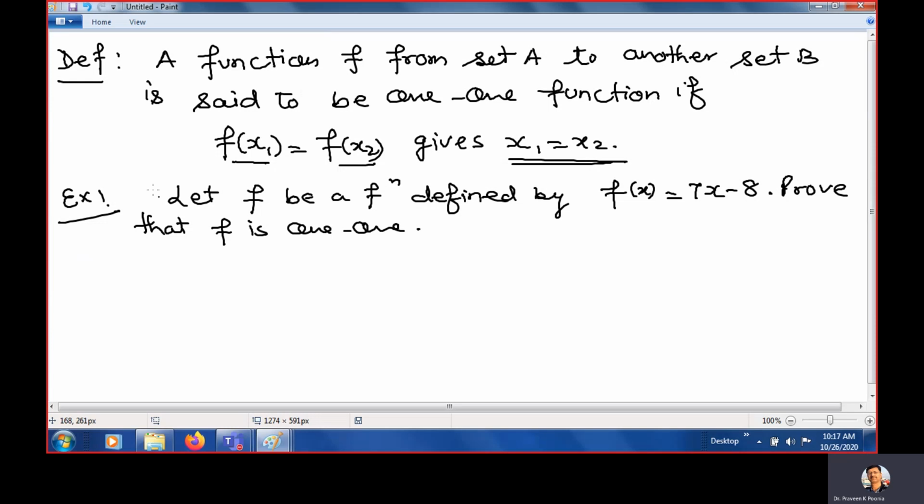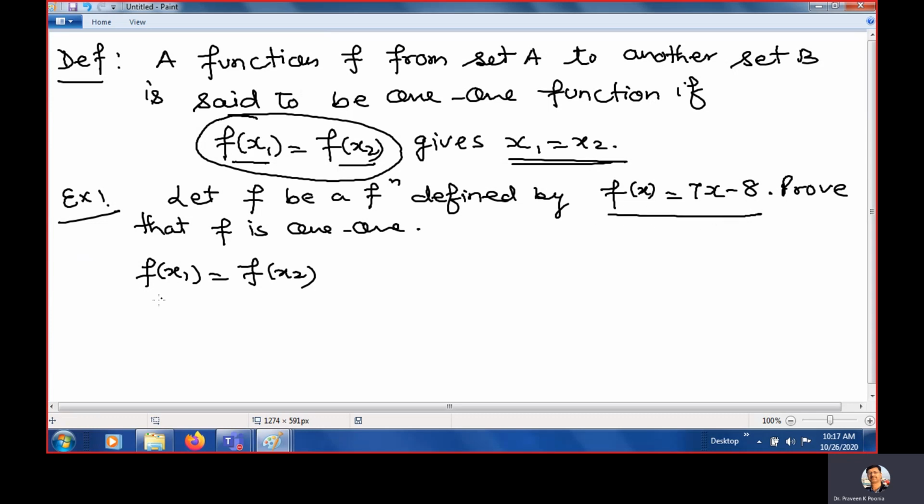So how we are going to do? I told you we will use this definition. We will start with f(x1) is equal to f(x2). Clear? So what is the value of f(x)? It is 7x minus 8. So we will put the value here. It will change into 7x1 minus 8 because here it is x1. And this will change to 7x2 minus 8.